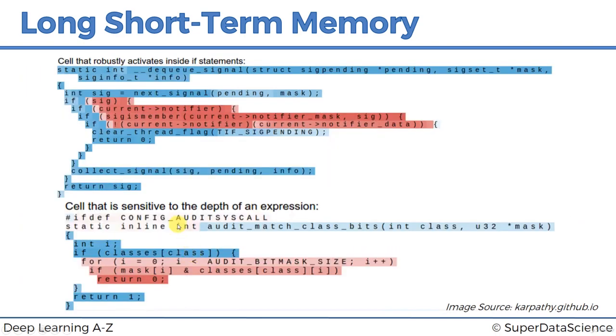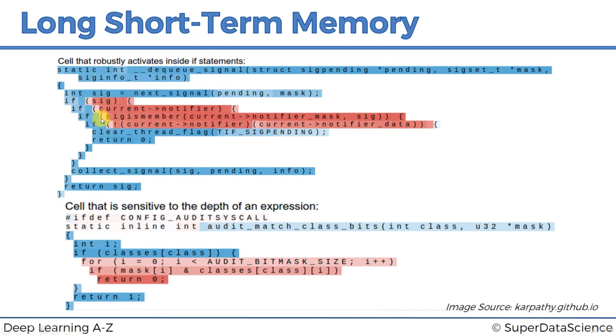Here's another one where the input was the code of the Linux operating system, and here you can see that a cell activates inside an if statement. It's completely dormant everywhere else, but as soon as you have an if statement, it activates.